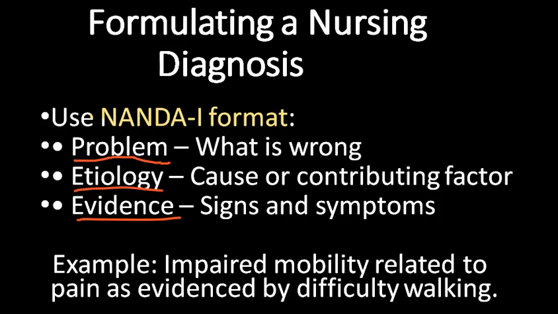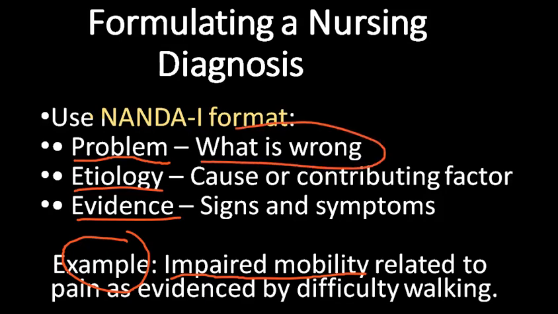So in this case, looking at our example, the problem or the nursing issue that you have identified is the impaired mobility. That is what's wrong with the client or patient.